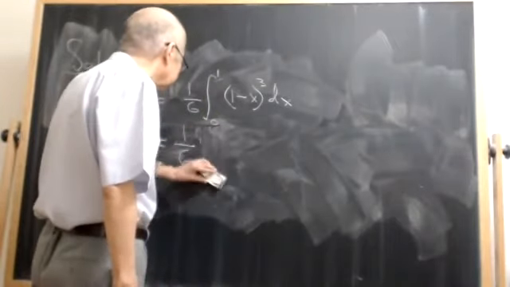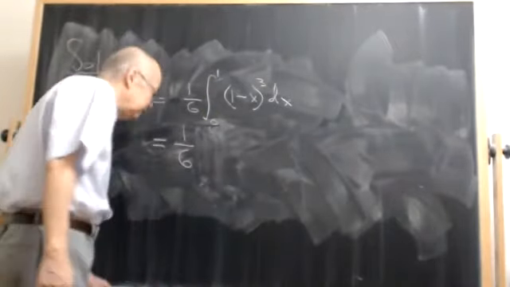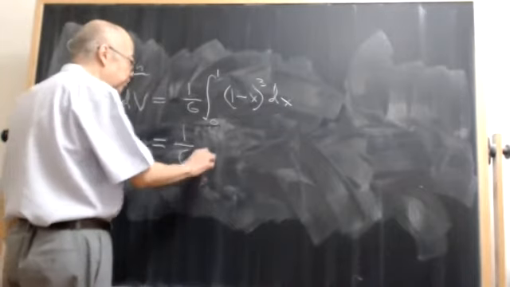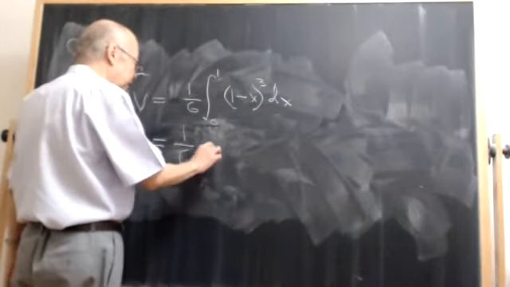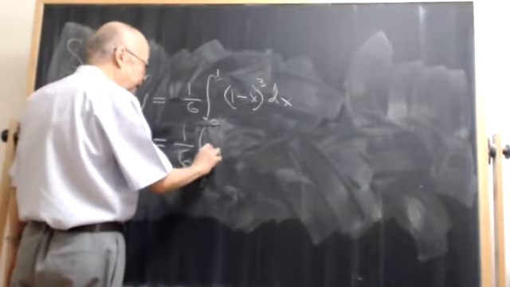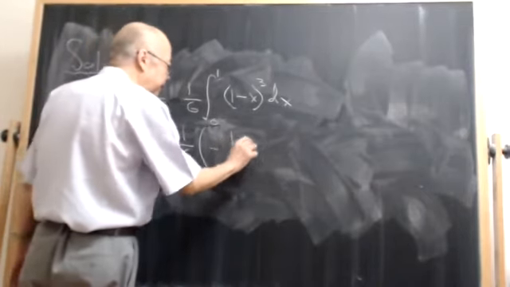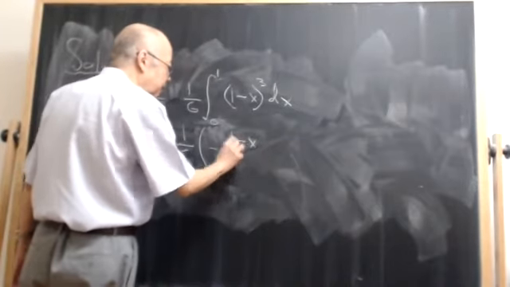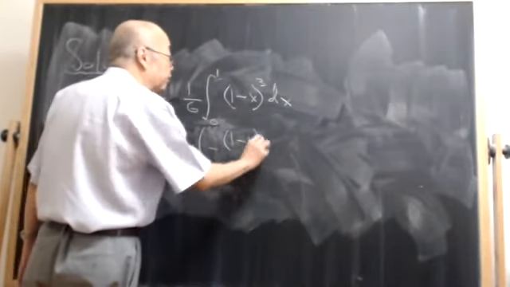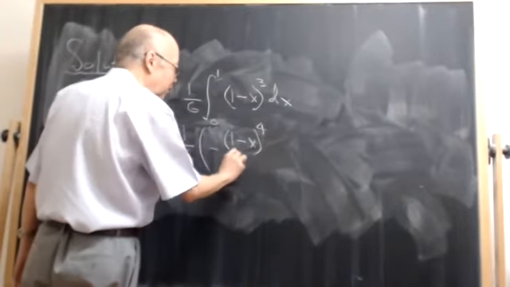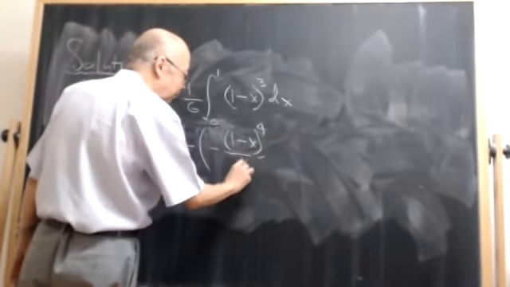So I am going to have minus 1 minus x to the 4 over 4.